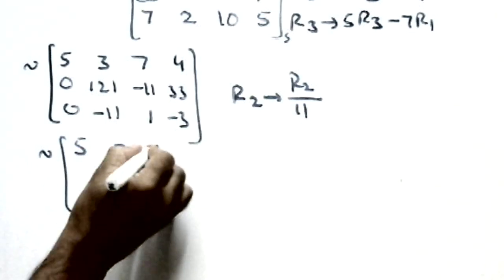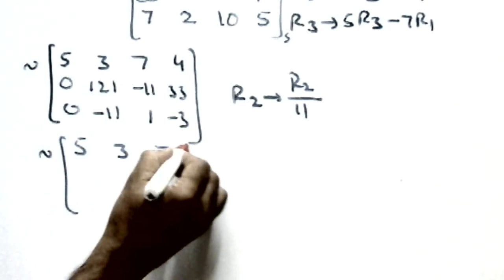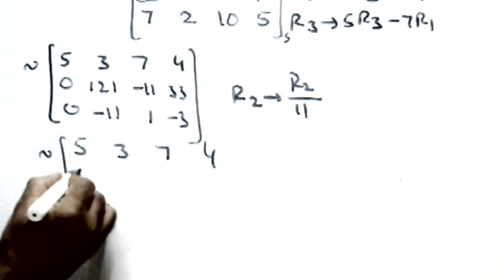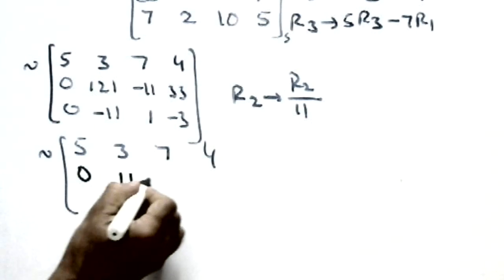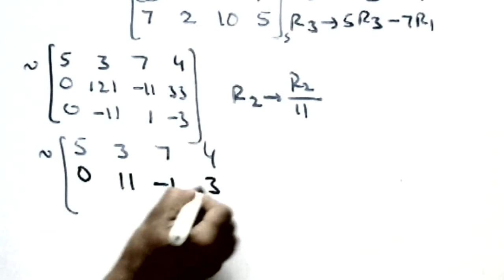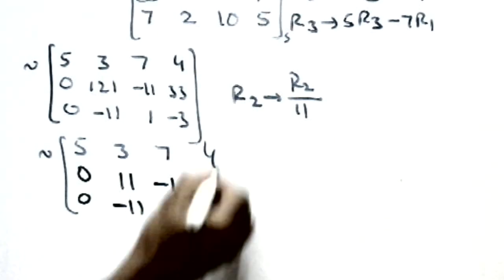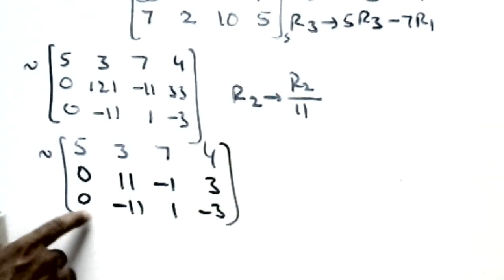So what is left here? 5, 3, 7, and this is 4. Now in the second row we are taking common 11, so it will become 0, 11 ones are 11, 11s are 11, ones are 11, 3s are 0, minus 11, 1, minus 3.